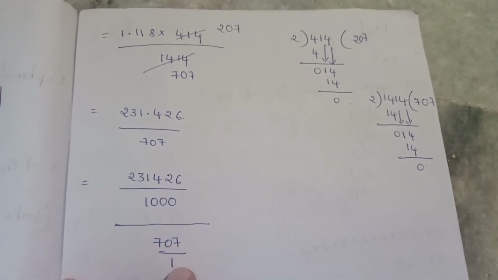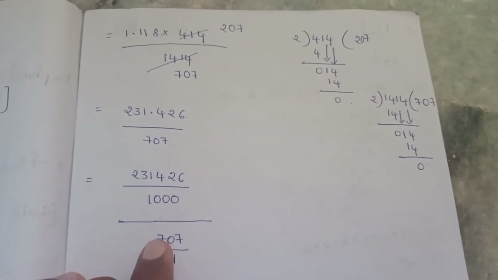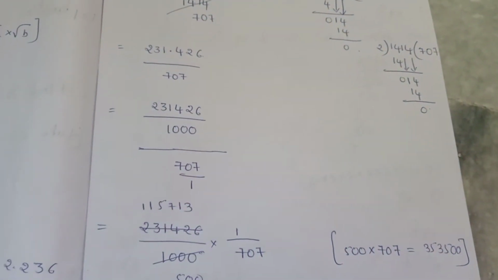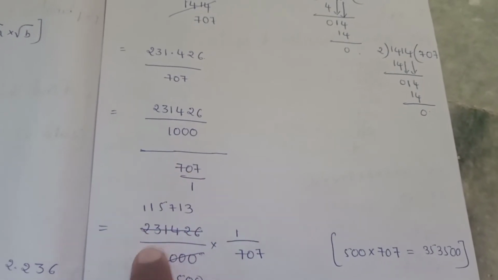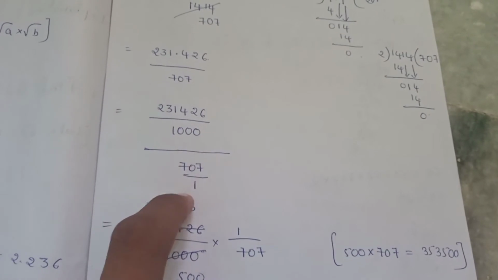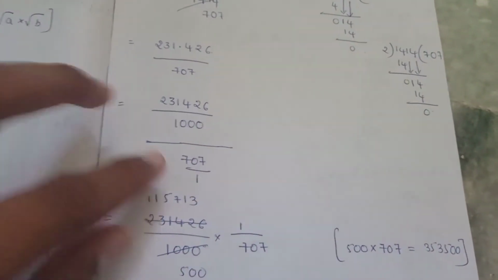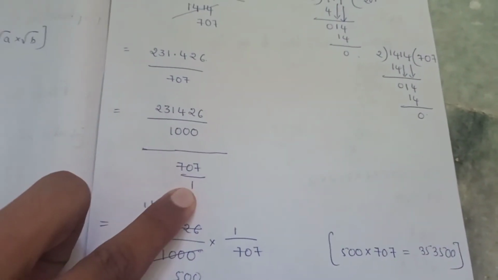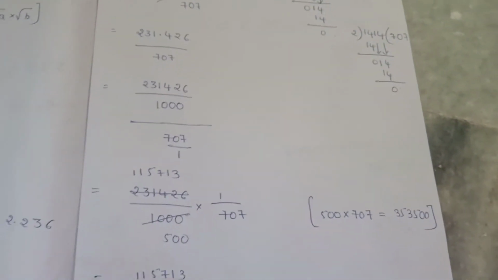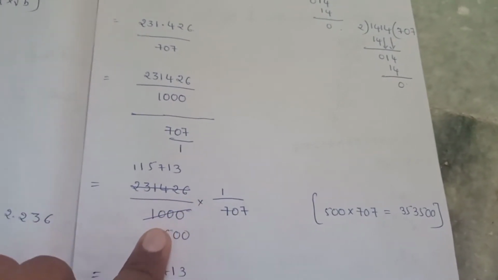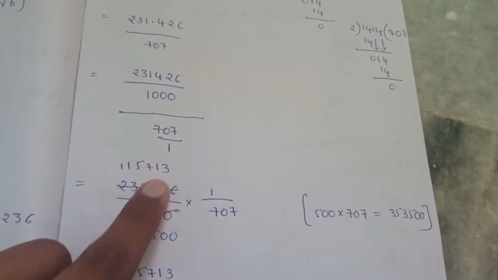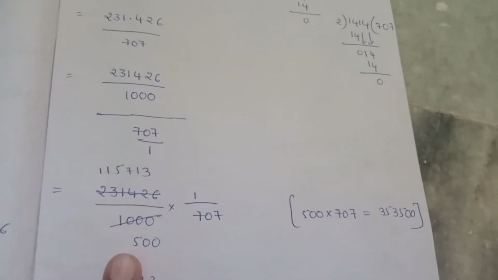Now we write 707 as 707 by 1 and take its reciprocal: 231426 by 1000 into 1 by 707. The denominator becomes the numerator and the numerator becomes the denominator.